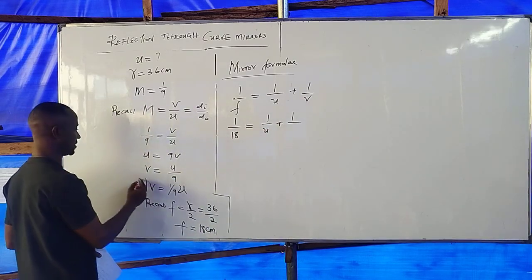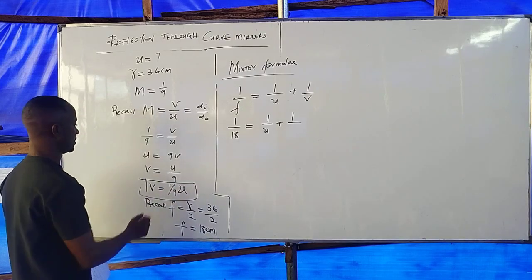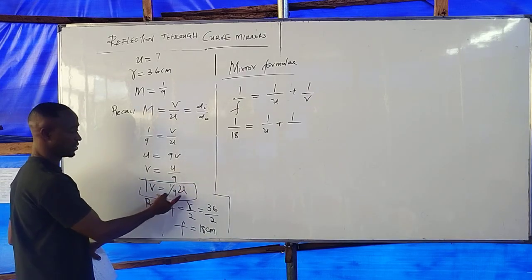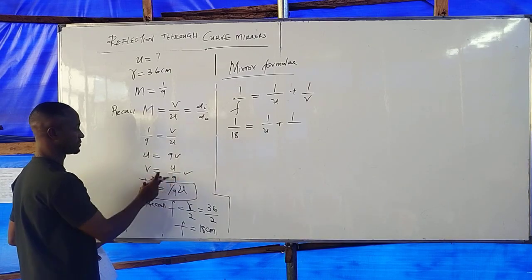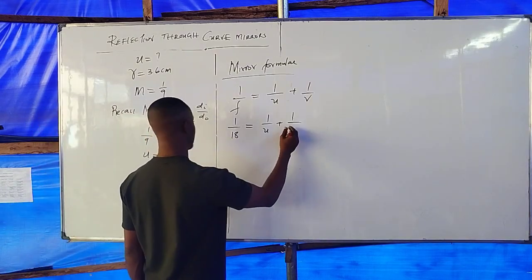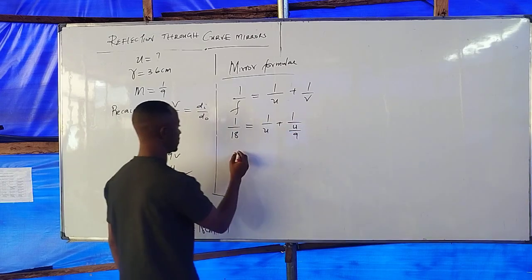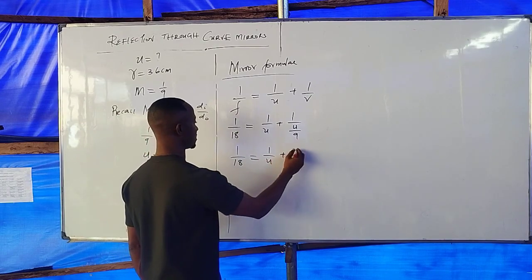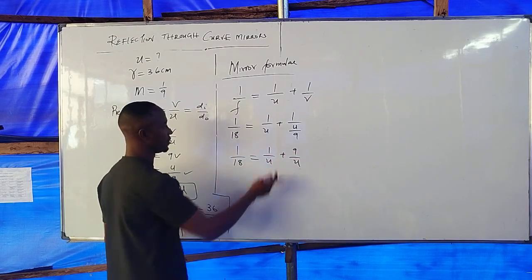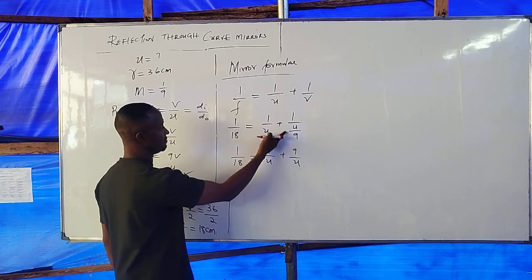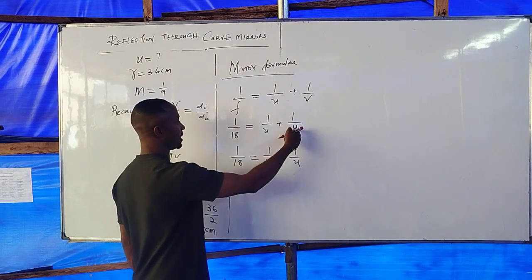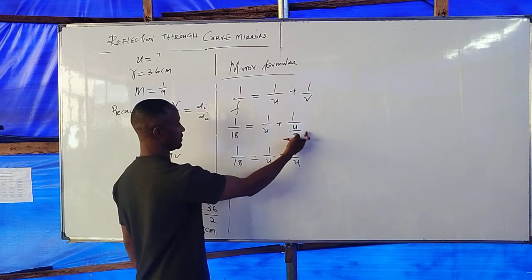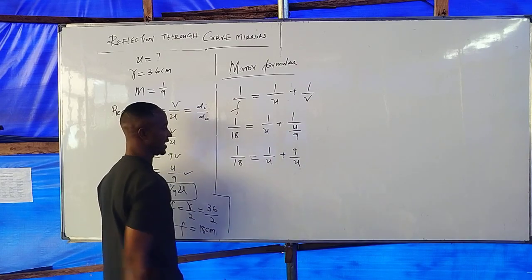The value of v is given as u over 9, or 1/9 of the object. I can use this to substitute the value of v, which is u divided by 9. So here we have 1 over 18 equals 1 over u plus 9 over u. Solving this simply means the inverse of 1 over u over 9, which gives us 9 over u.